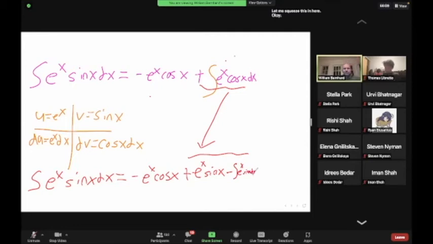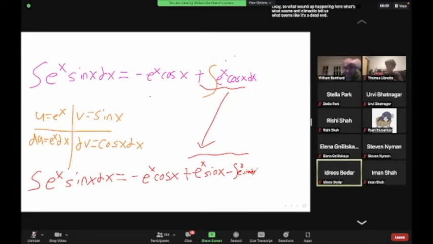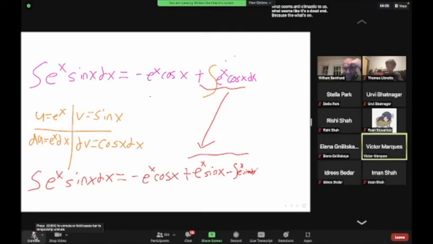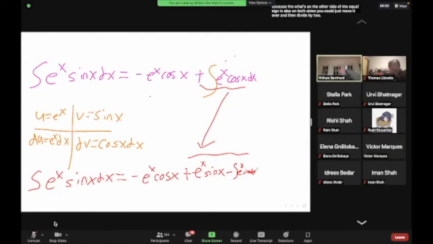Okay. So what wound up happening here? What seems anticlimactic to us? What seems like it's a dead end? Because what's on the other side of the equal sign is also on both sides, you could just move it over and then divide by 2. That's the trick.